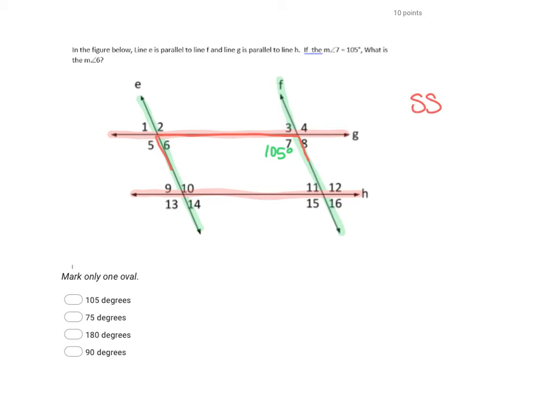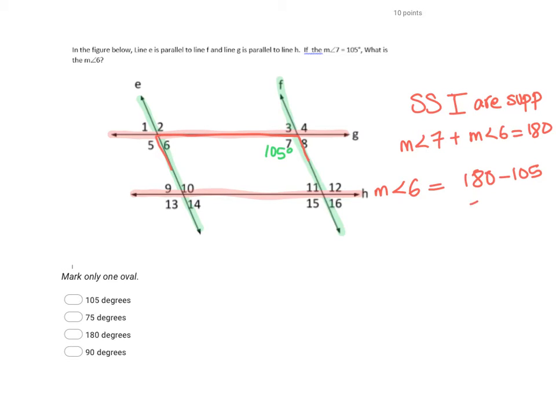They form a C. Same side interior angles are supplementary. So the measurement of angle 7 plus the measurement of angle 6 is 180. So to find the measurement of angle 6, you simply do 180 minus 105, and that's going to give you 75 degrees. So that is the option.